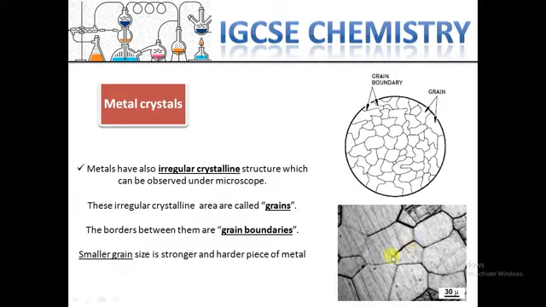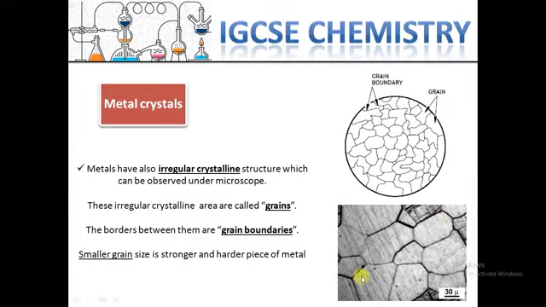This comes from microscope pictures, and there is an irregular crystal area for each piece. We call these grains. Each picture has many grains, and these grains are separated from each other by grain boundaries. There is a border between them, and this line we call grain boundaries.